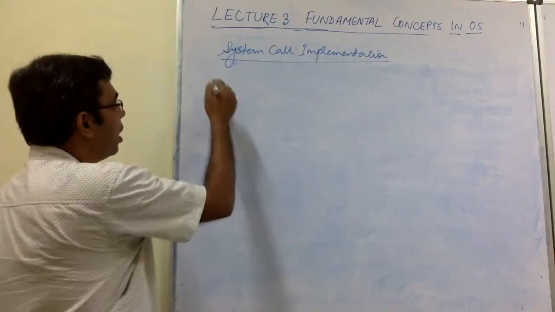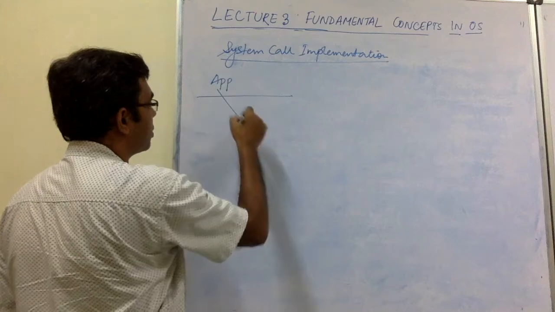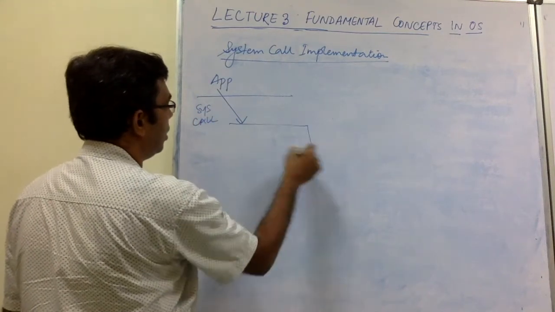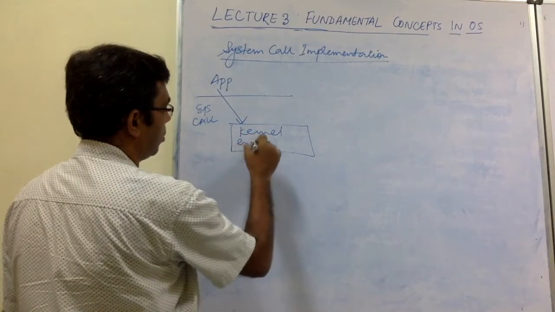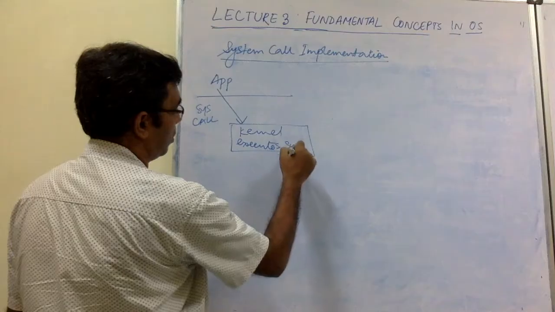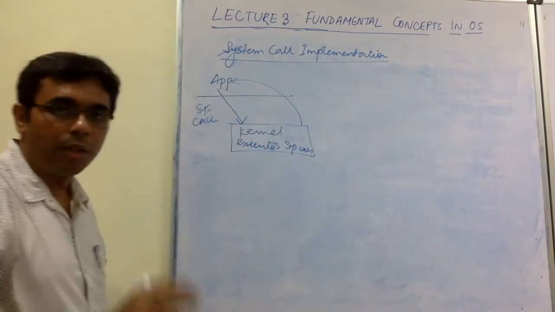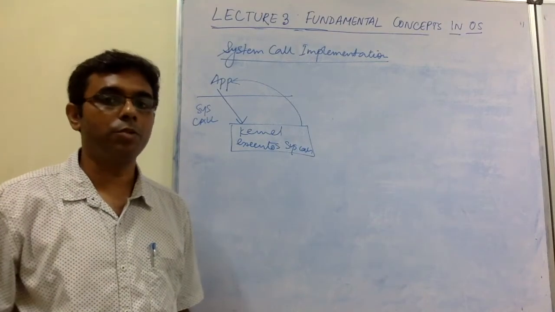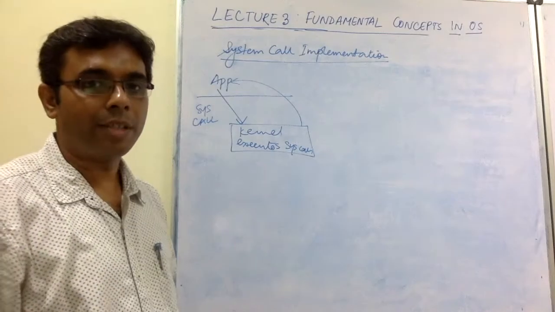So whenever an application needs to execute something, it puts a system call request, and the kernel executes the system call, and then it sends it back. During this process, we know that the CPU switches its mode from non-privileged to privileged. But let's see how the system call actually gets implemented.